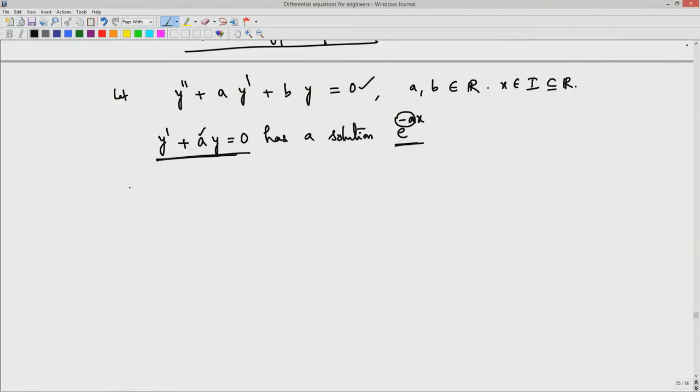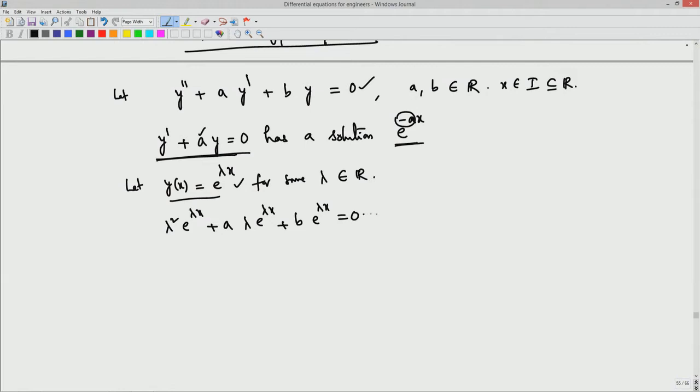So, by ansatz, let us try y of x equal to e power some constant, which you may not know, call it lambda x, for some lambda belonging to R. If you are looking for solutions in this form, you substitute into the equation: y double dash is lambda square e power lambda x, plus a times lambda e power lambda x, plus b times e power lambda x equal to 0.